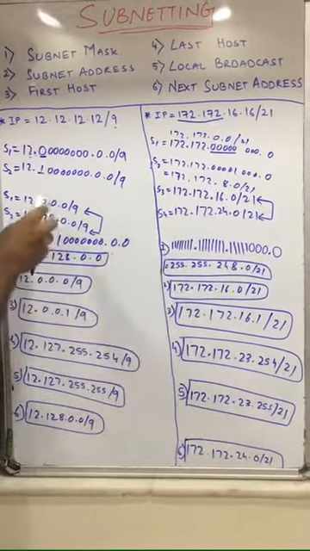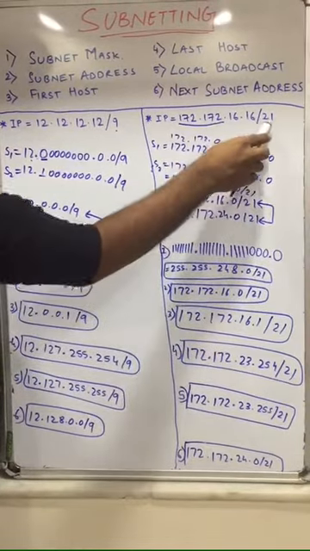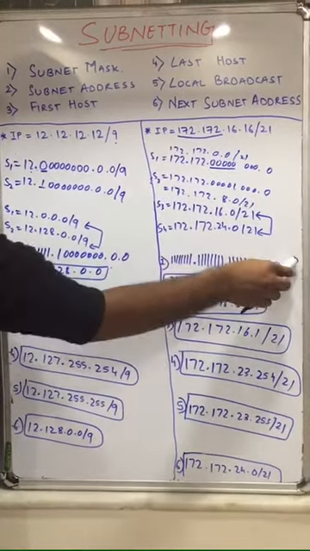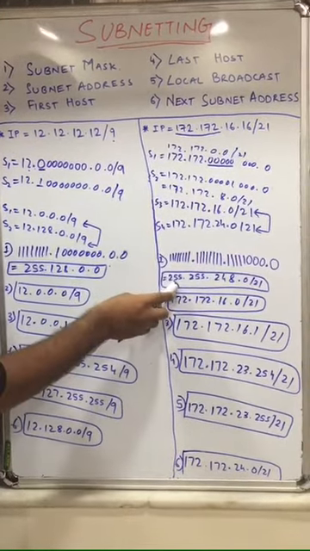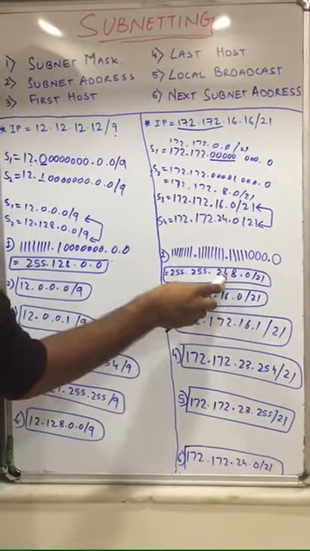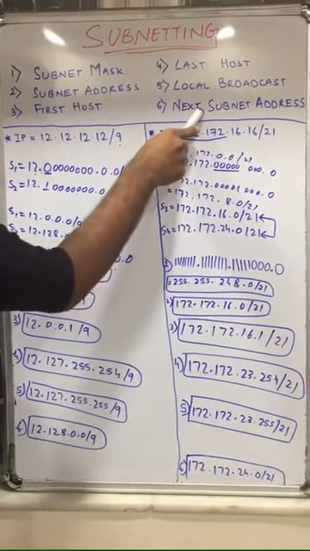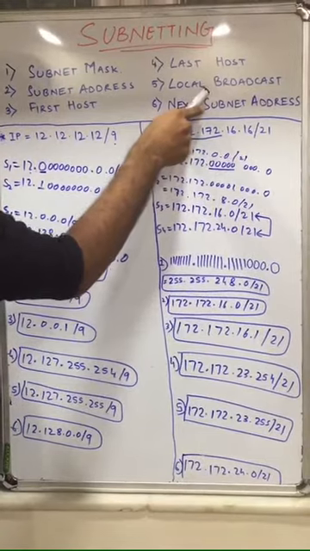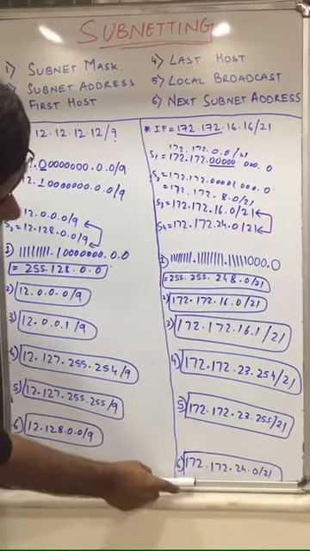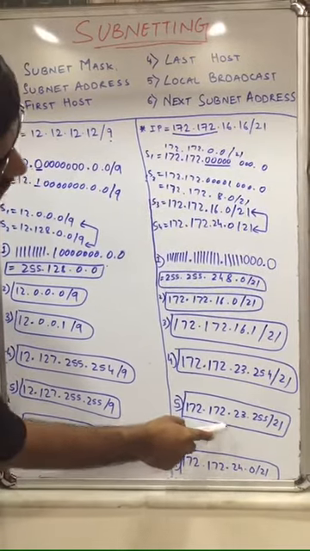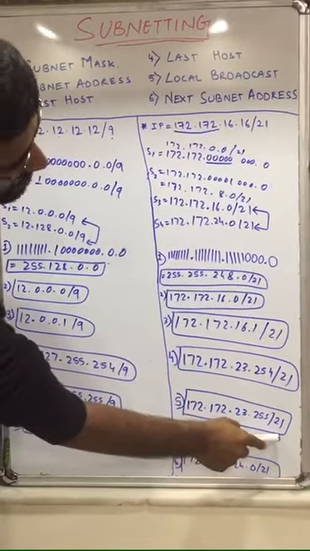For the subnet mask, I told you to keep the first 21 bits as 1 like this. So you get your answer as 255.255.248.0/21. Now subtract 1 from the next subnet address and you get your local broadcast address, 172.172.23.255/21.